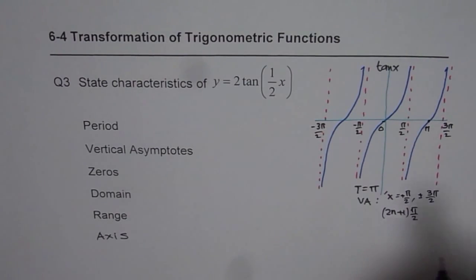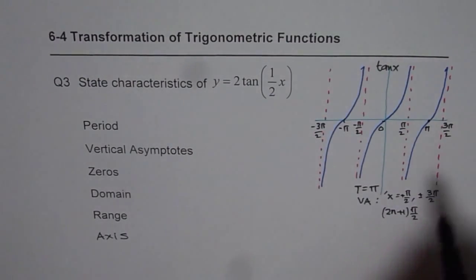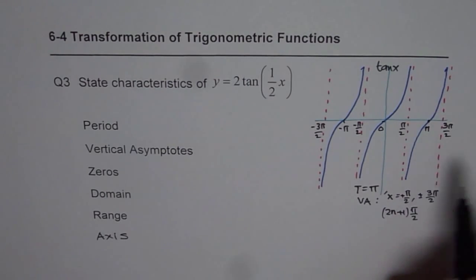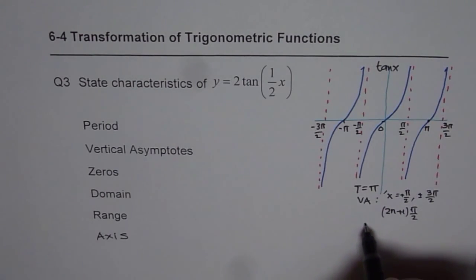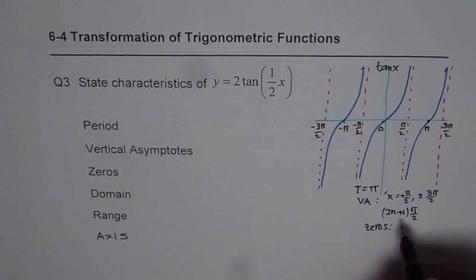And these are the zeros, at the even multiples of pi by 2: 0, plus minus pi, plus minus 2 pi, and so on.